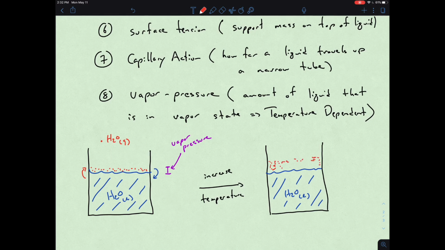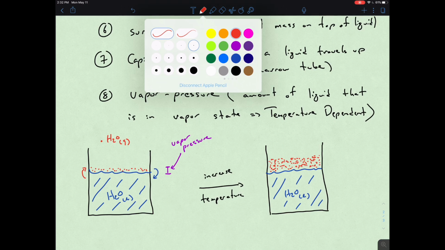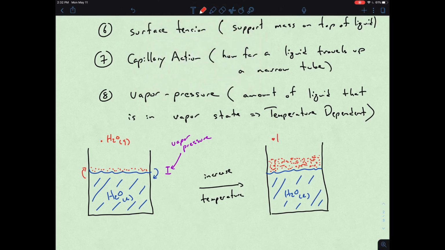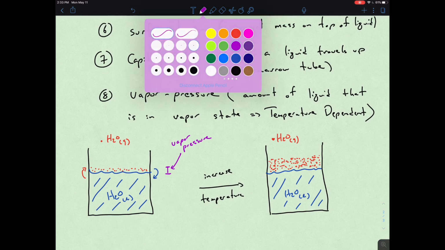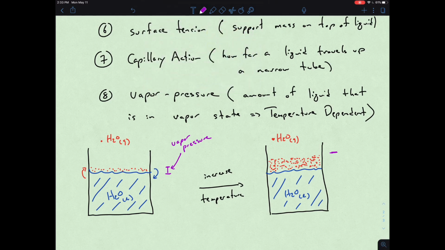And this is like when you're cooking pasta or you're starting to boil water, right? You actually start to notice steam coming off of the water way before the water actually boils. And that's because you're increasing the actual vapor pressure and seeing that now come off as steam in the gaseous state, right? Because remember, gases fill up the volume of the vessel. So now here is our vapor pressure.